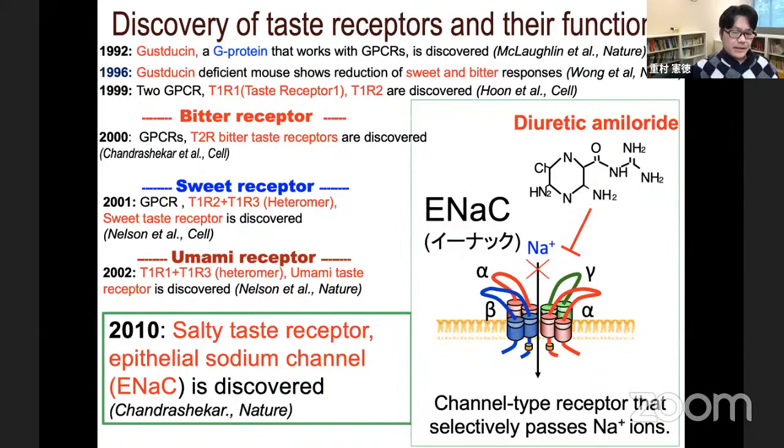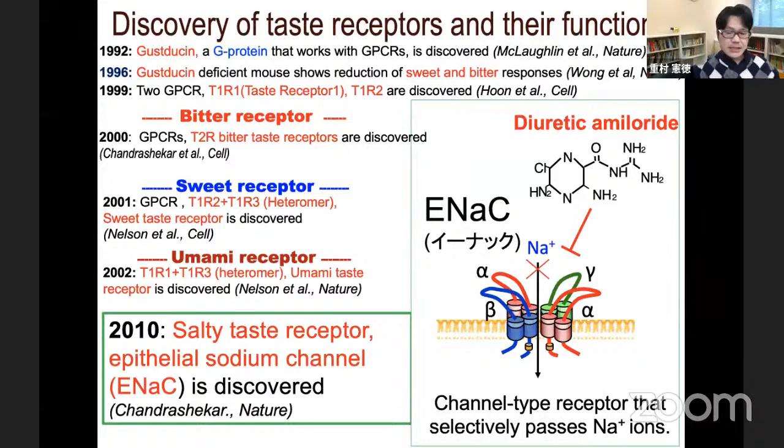Salty and sour tastes are induced by sodium or proton ions respectively, so they are supposed to be channel type receptors. Regarding the salty taste, it has been well known that the diuretic amiloride, this is the drug, suppressed salty taste response.